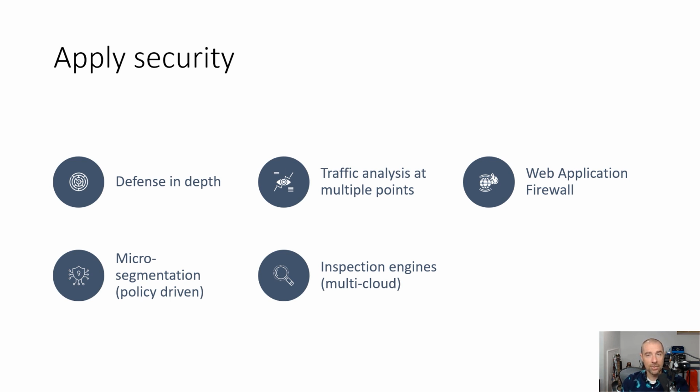It's much easier to create network virtualized appliances in each of your public clouds and do the traffic inspection there, and then have a centralized management console that is managing all of these inspection engines across multiple clouds. That allows you to create clear and consistent policies that are applied the same across all your different clouds.